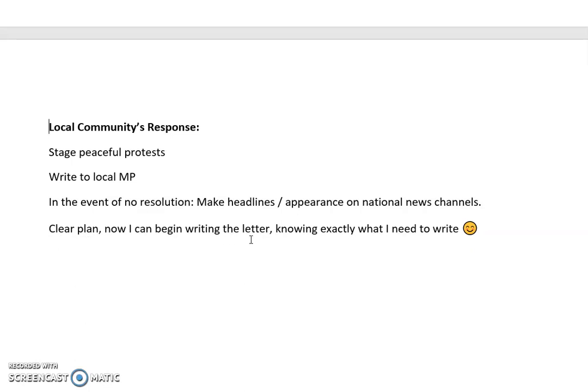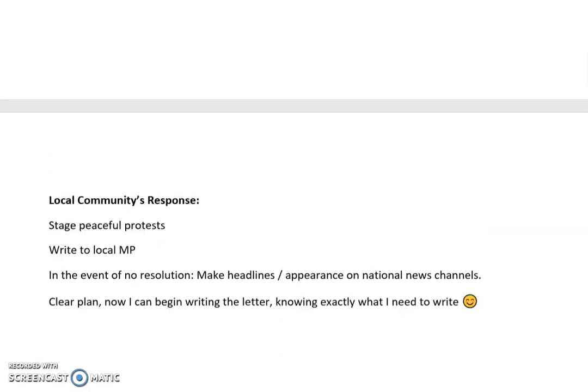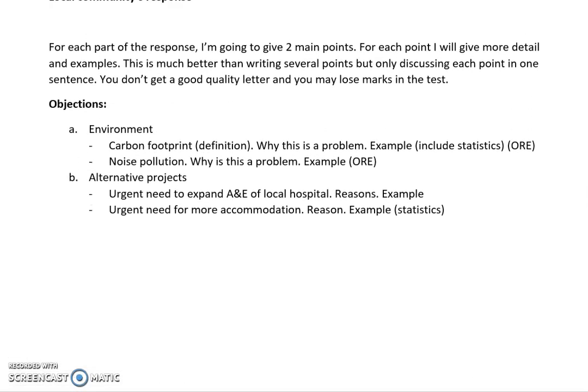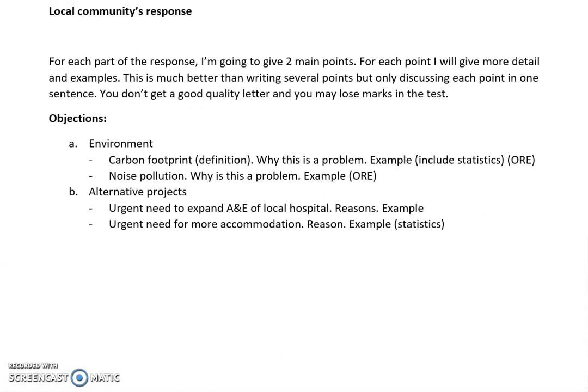Now I can begin writing the letter because I know exactly what I need to write. Now that my plan is clear, I can focus more on my vocabulary, on my linkers, which is how I will be using specific words to show my opinion, my reason, my example, the beginning, the ending of a paragraph, etc. And I can also include some good grammar.